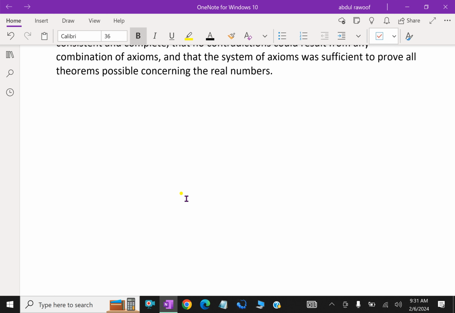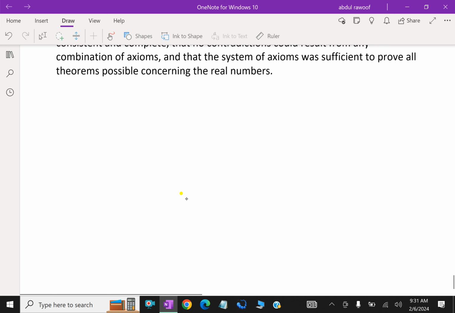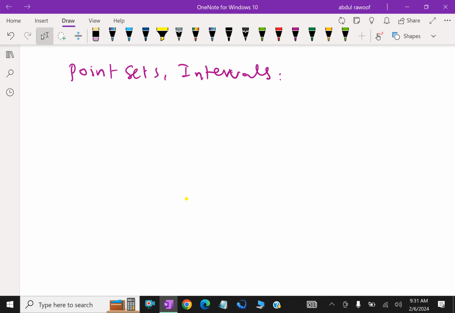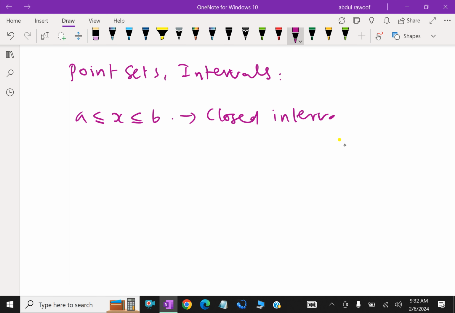The first one: point sets and intervals. Consider the statement A is less than or equal to X, less than or equal to B, which means the set of numbers between A and B, including A and B. This is a closed interval, closed on both sides.